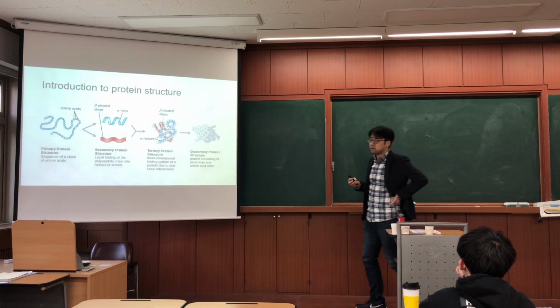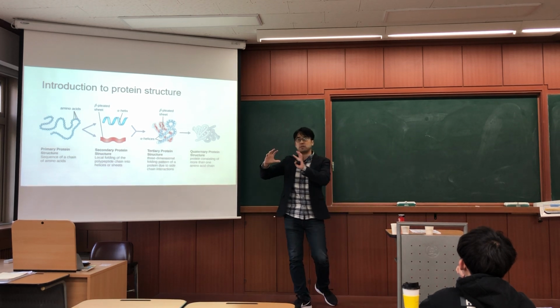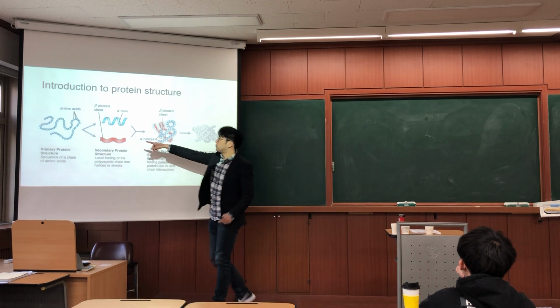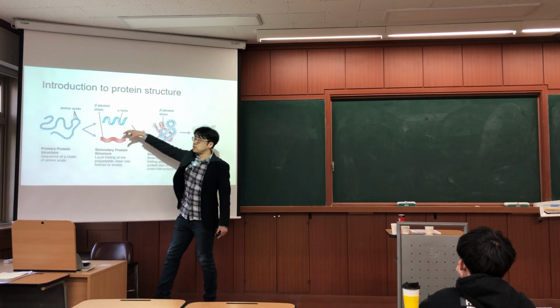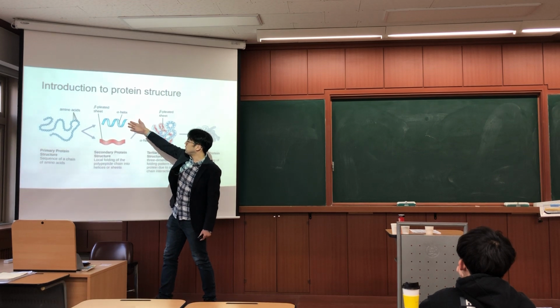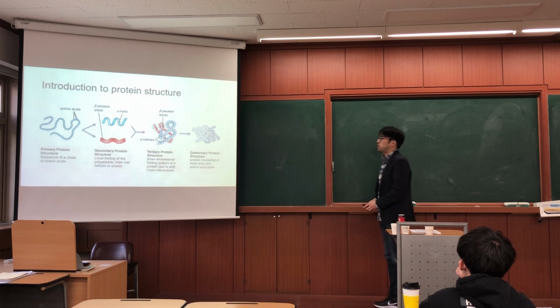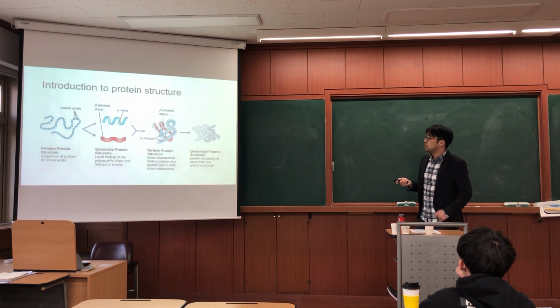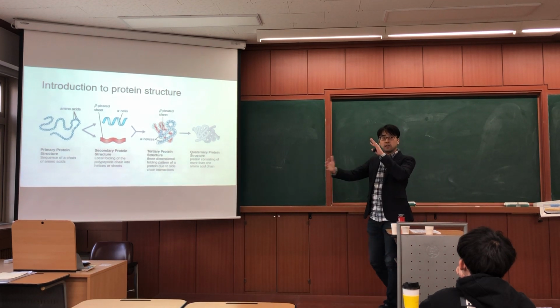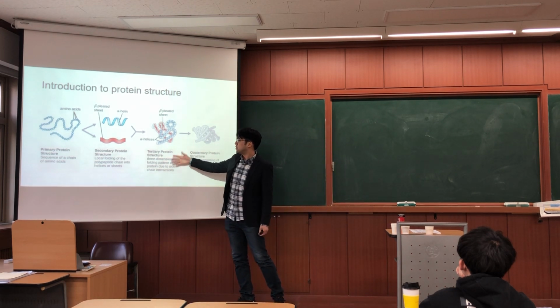The secondary protein structure means the local motifs and local structures. Locally, the amino acid chains form either an alpha helical chain, a beta sheet structure, or an unstructured part. These secondary structures are assembled together to form a complete tertiary structure.